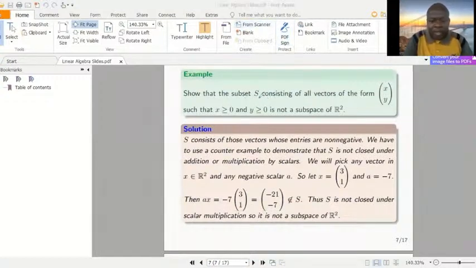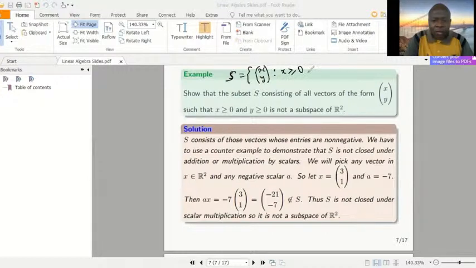Show that the subset S consisting of all vectors of this form is not a subspace of R2. In fact, this is how you can also write it: show that S, which is a set consisting of the vectors under this, such that x is greater than or equal to 0.